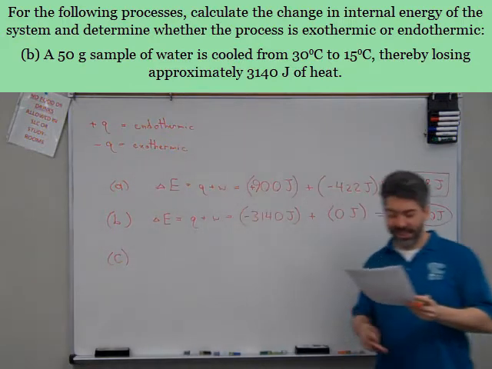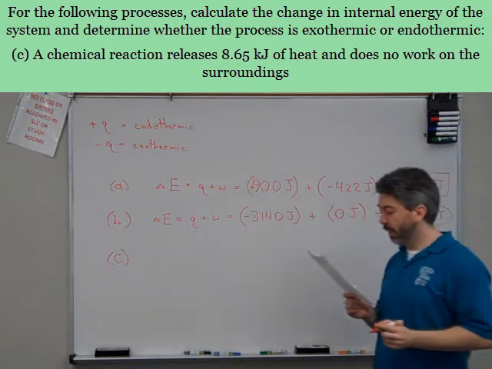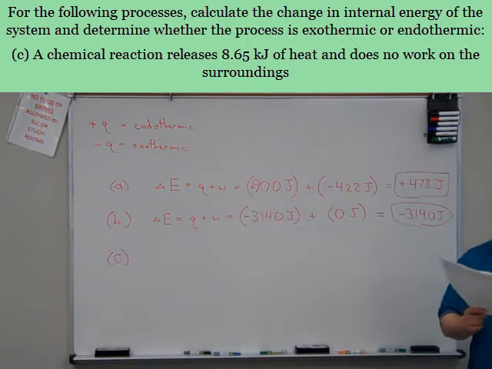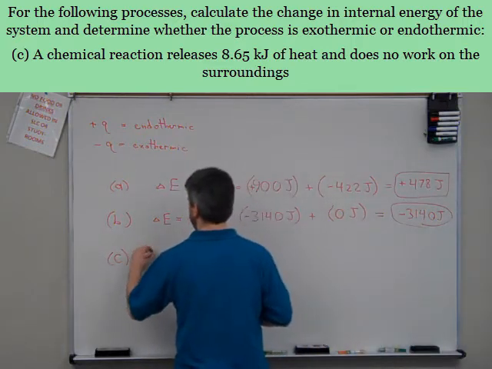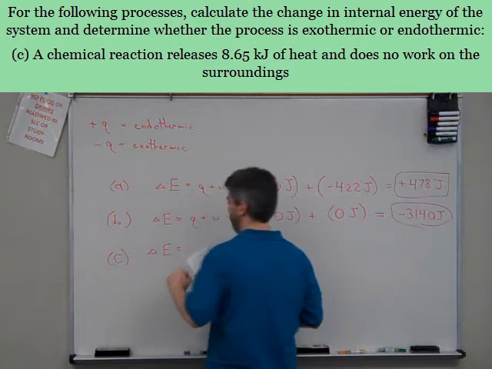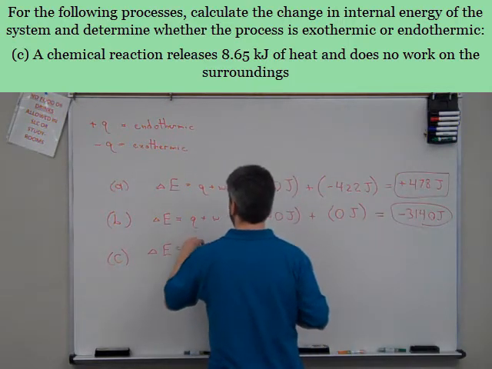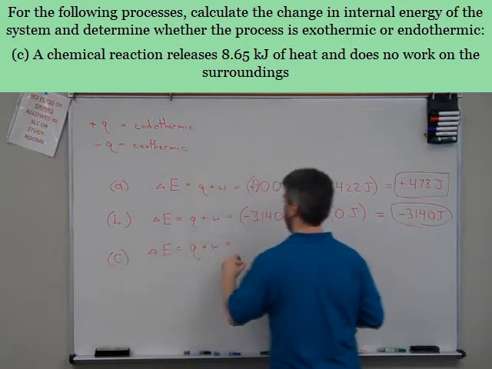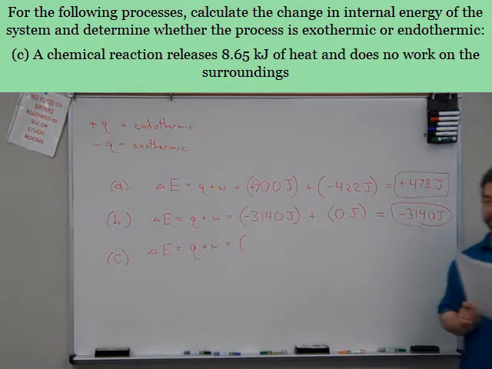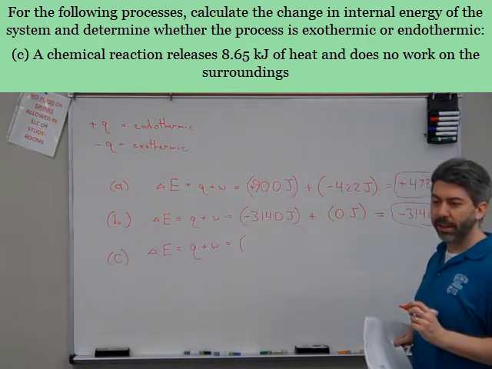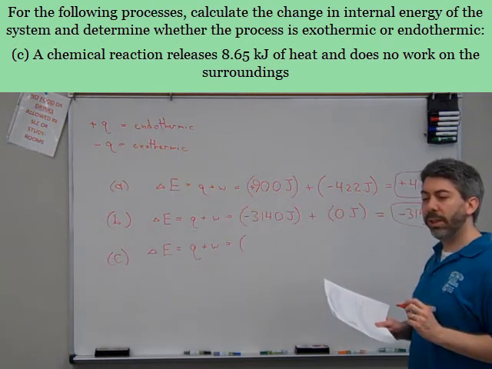Alright. Now it says a chemical reaction releases 8.65 kilojoules of heat and does no work on the surroundings. In this case, the system is the reaction. So what's delta E for this reaction? Or what's the Q? Is it just zero because there's no change? It releases. Is there no change in heat?